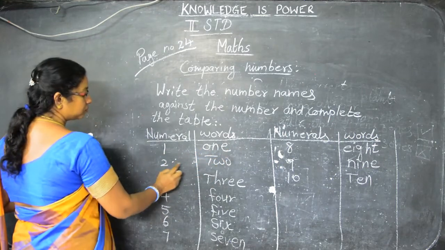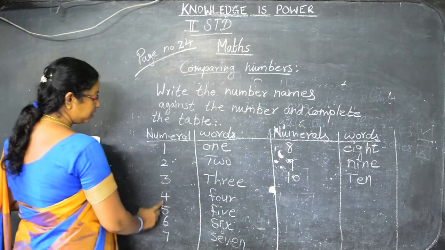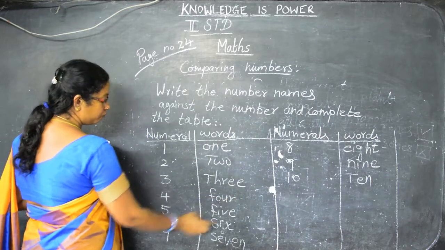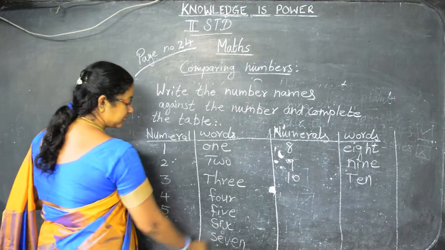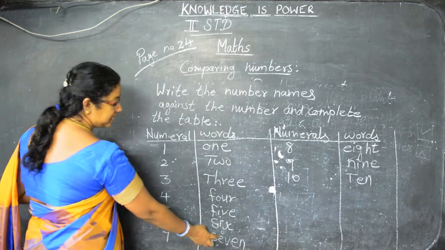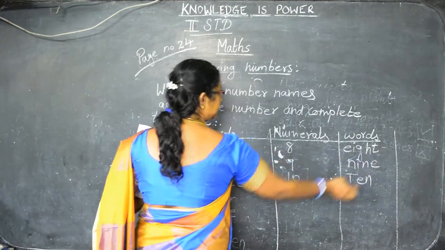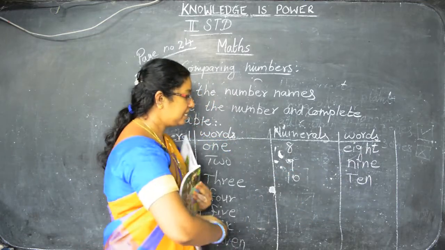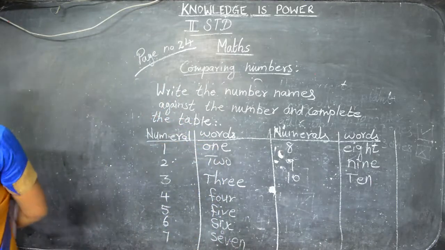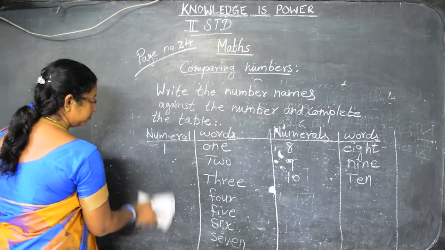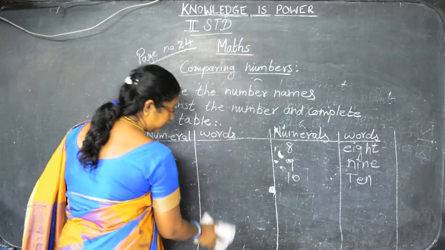O-N-E 1, T-W-O 2, T-H-R-E-E 3, F-O-U-R 4, F-I-V-E 5, S-I-X 6, S-E-V-E-N 7, E-I-G-H-T 8, N-I-N-E 9, T-E-N 10. Finish it children. Write neatly.